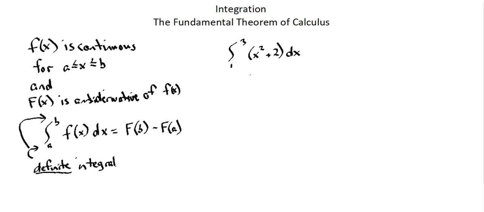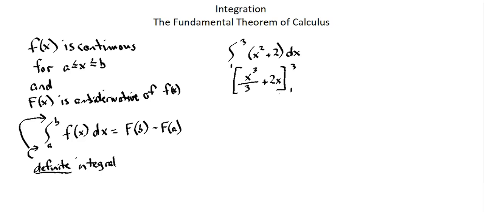And I'll use my antiderivative rules to arrive at x cubed over 3 plus 2x. Now I'm calculating the antiderivative, so I'm not going to attach the constant of integration. I simply want this expression, and I want to evaluate this expression at two particular points, 1 and 3.